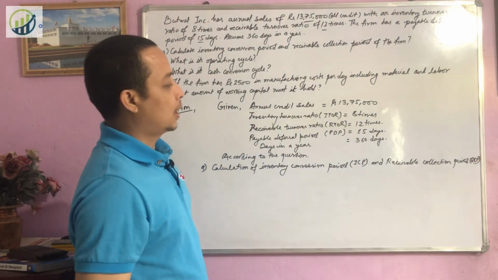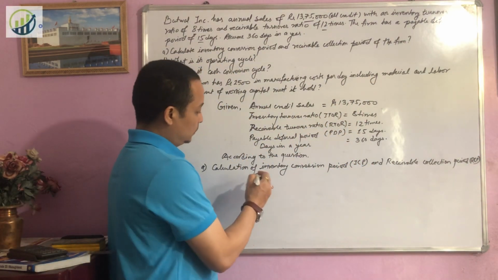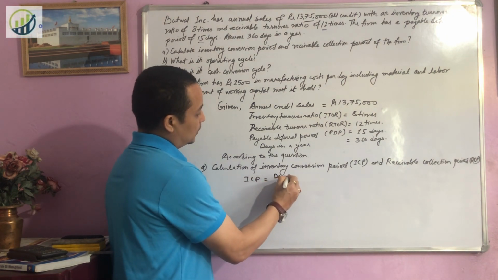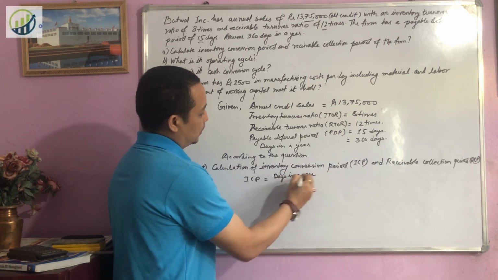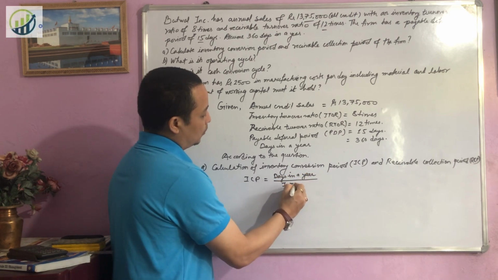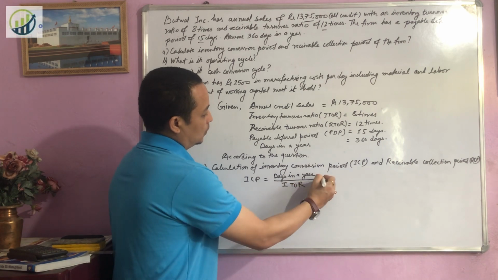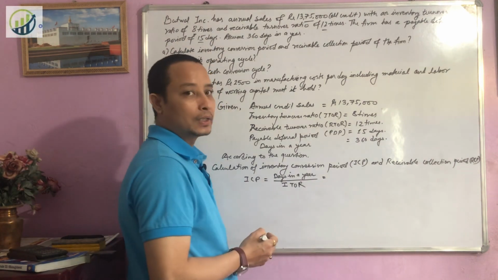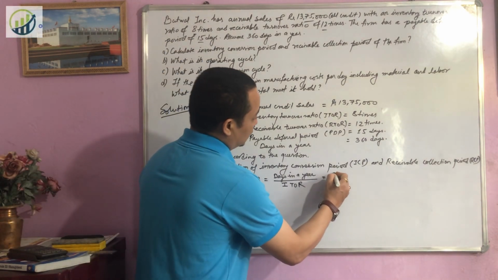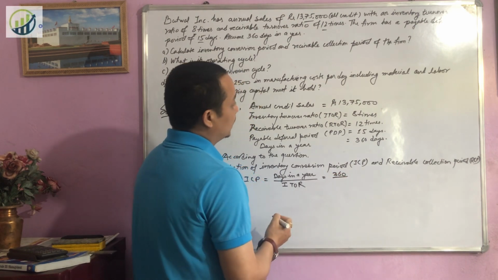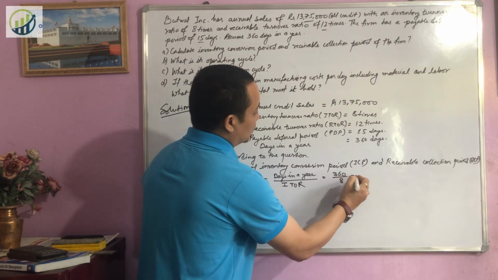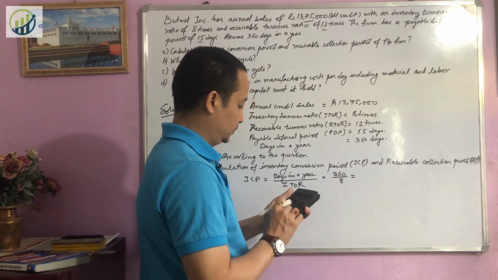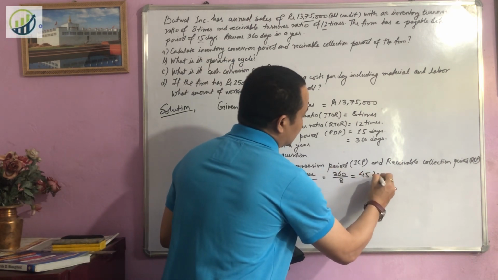Okay, so now to find inventory conversion period, ICP equal to days in a year divided by inventory turnover ratio. So your days in a year 360 days divided by inventory turnover 8 times, that is your 45 days.